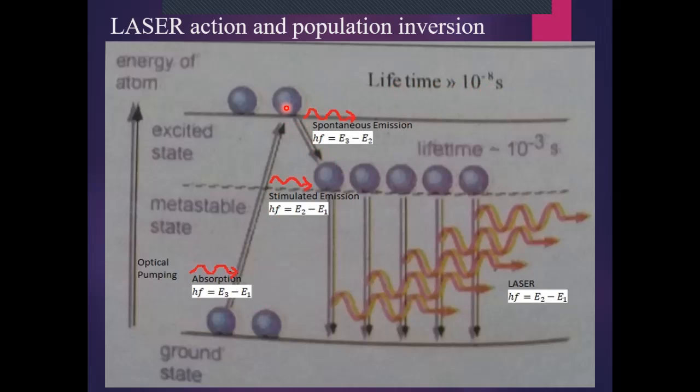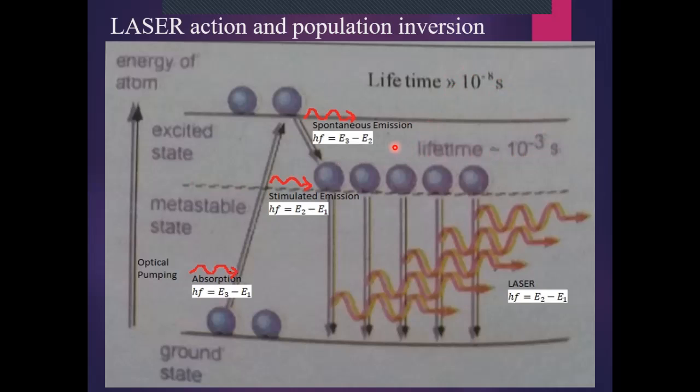When an electron jumps from excited state E3 to E2, then due to the phenomenon of spontaneous emission, it releases the energy hf equal to E3 minus E2. As E2 is the metastable state in which the lifetime of an atom is greater, that is 10 raised to the power minus 3 seconds, as compared to 10 raised to the power minus 8 seconds, the normal lifetime of an atom in an excited state.